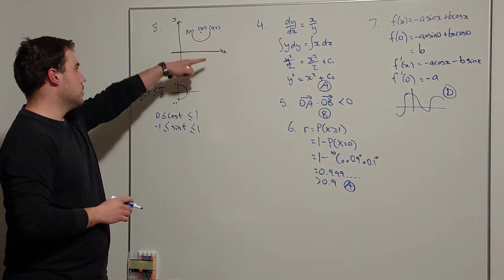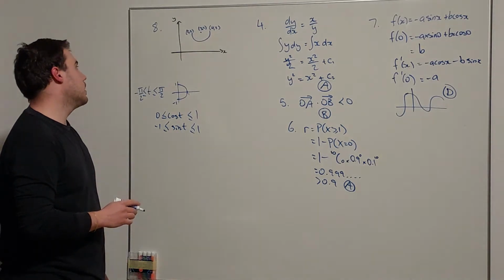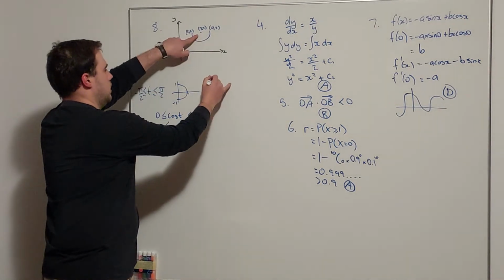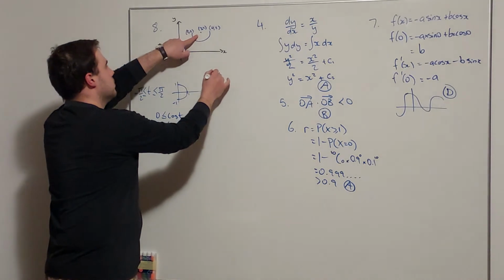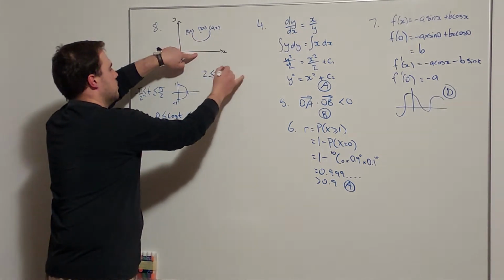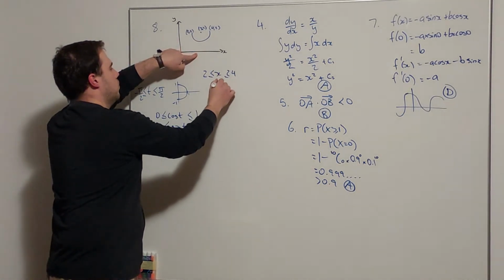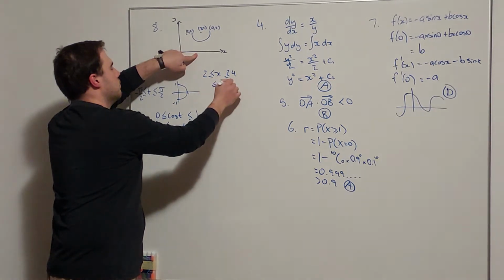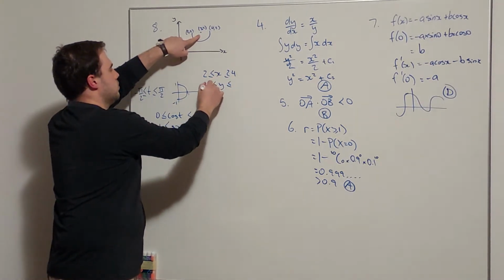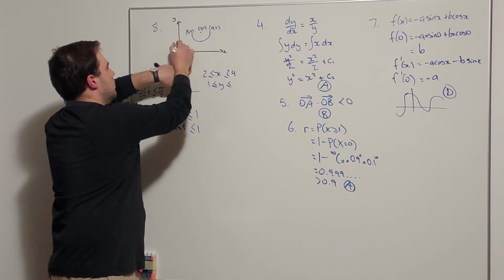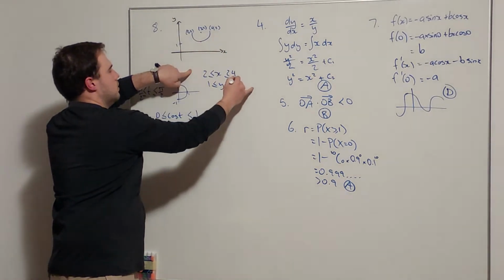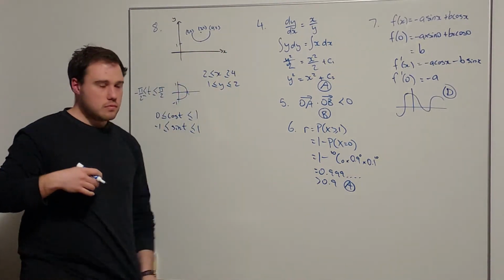Now if we check our semicircle, our x coordinates are in between 2 and 4, and for the range, these are in between, that's 1 down to there, in between 1 and 2.